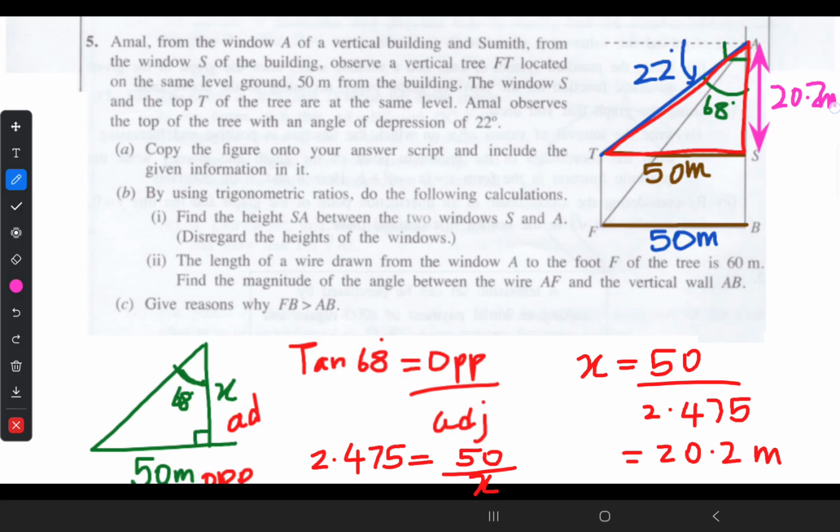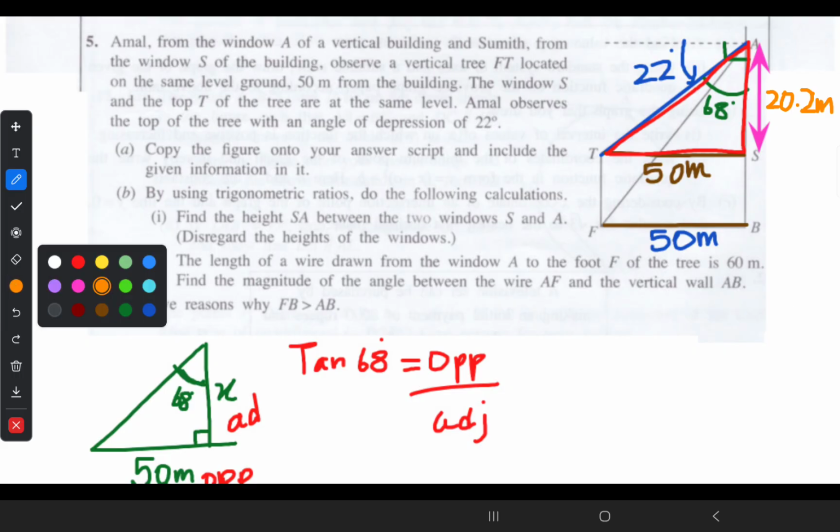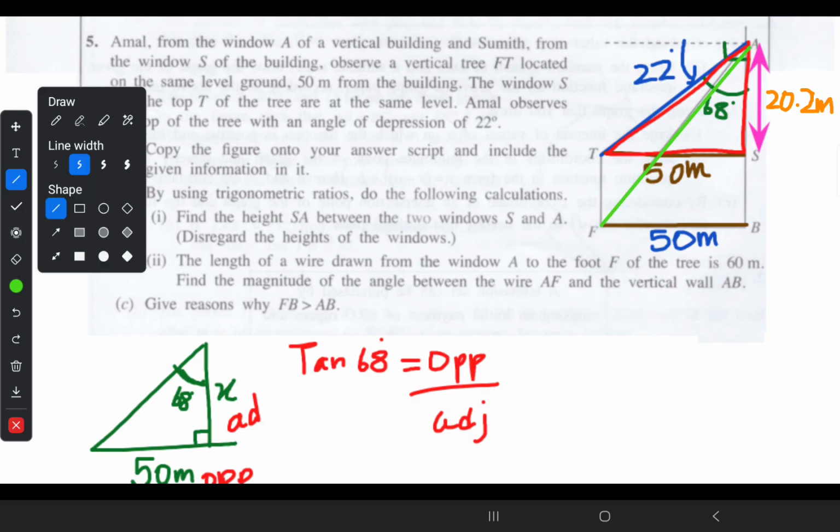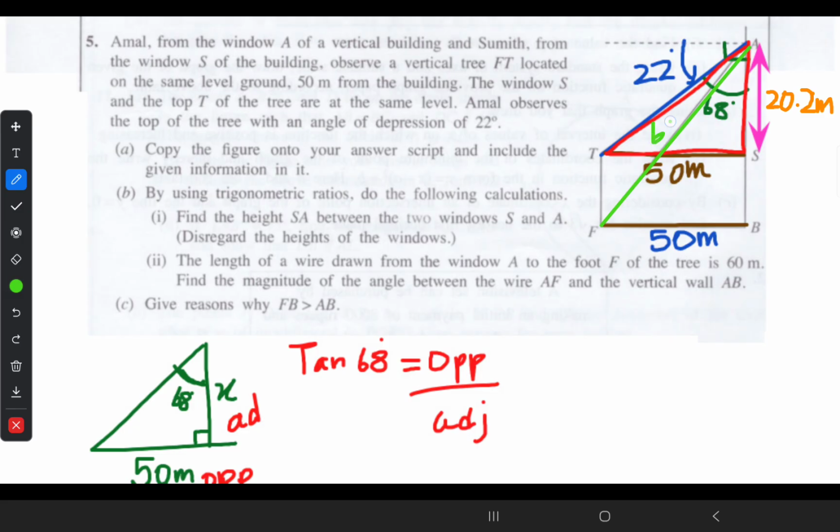And thereafter, in the second part, the length of the wire drawn from window A to the foot of the tree, F, is 60 meters. The wire goes from the top of the building to the foot of the tree. So the length of this wire AF was 60 meters.